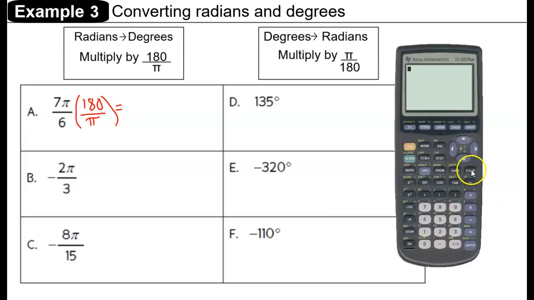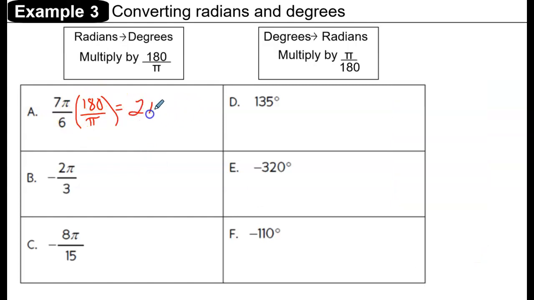And the pi in the numerator cancels with the pi in the denominator, so we just need to multiply 7 times 180 in the numerators, and then divide that quantity by 6 in the denominator to get 210 degrees.